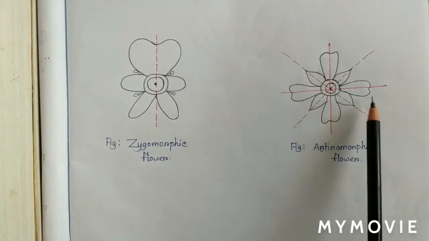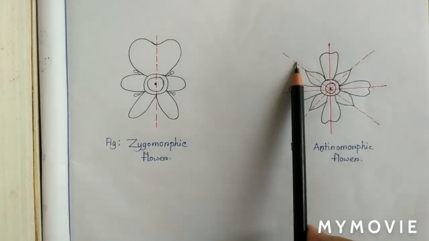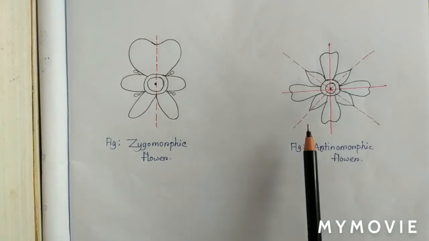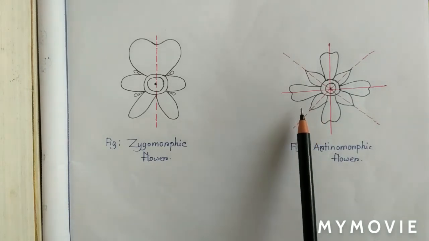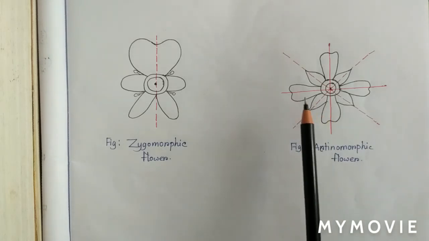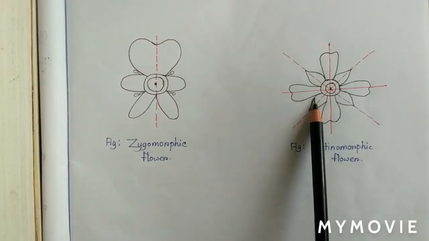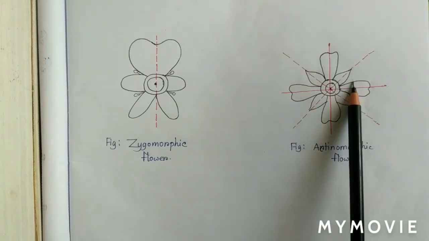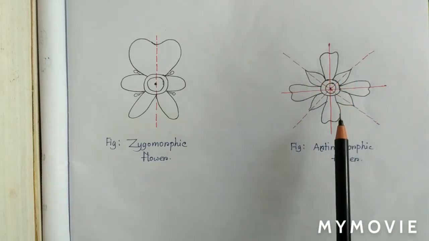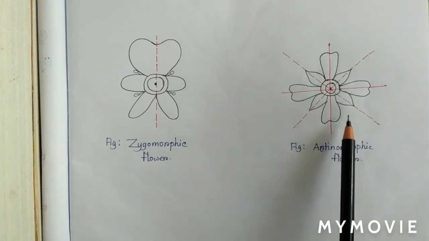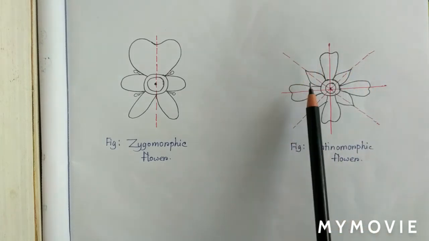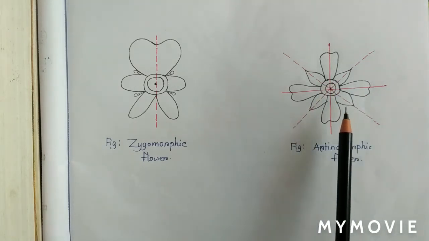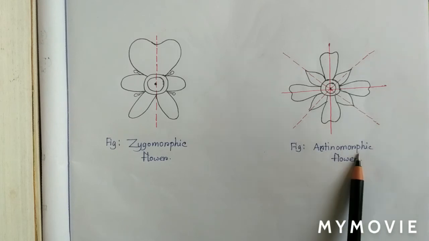See, it's a plane, it's another plane, it's another plane, and it's another plane. Whichever way we cut the flower, we get the same part in all sections. See, this section is the same as this section, and also the same as the others. So all parts are the same, meaning radially symmetrical. This type of symmetry we know as radially symmetrical, that is known as actinomorphic flower.